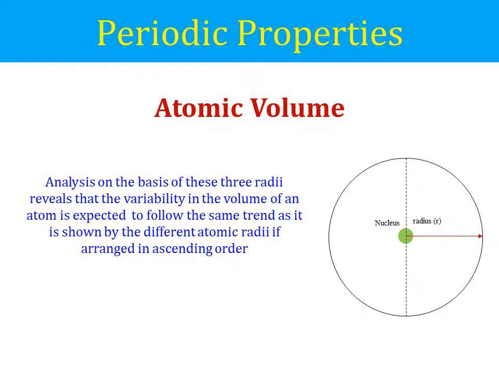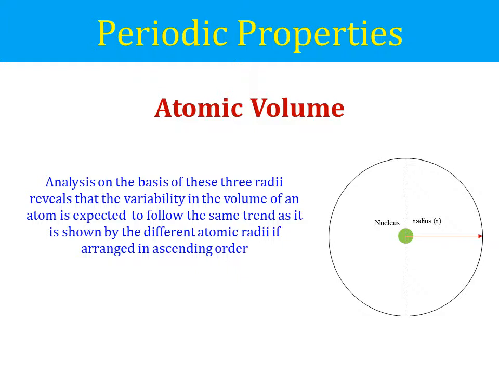Now, if this is the trend, then of course the atomic volume, if we follow the definition as it was stated, is the volume of 1 gram atom. What is one gram atom? The number of atoms in 1 mole of an element.